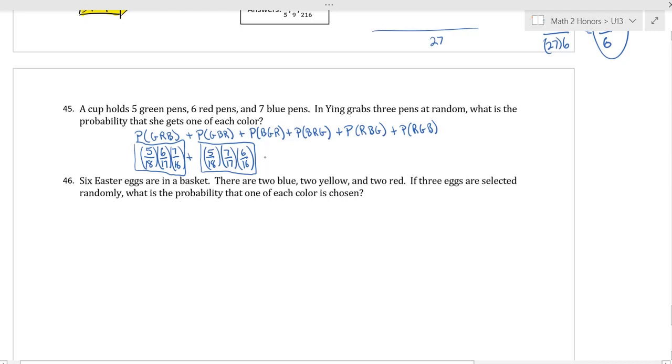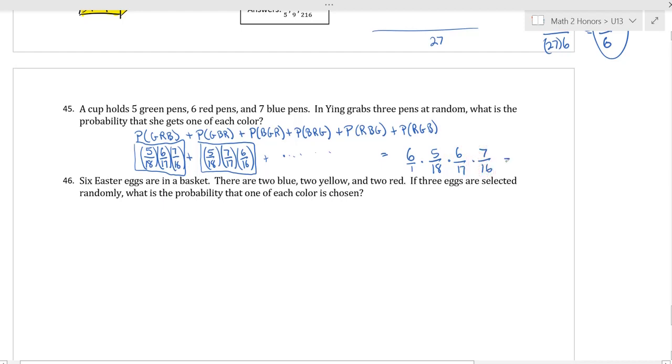So we end up with 6 of these. Okay, this one will be the same and same and same. So this is going to end up being, you got 6 times, I'll do 6 over 1, times one of these, so 5 over 18, 6 over 17, and 7 over 16.